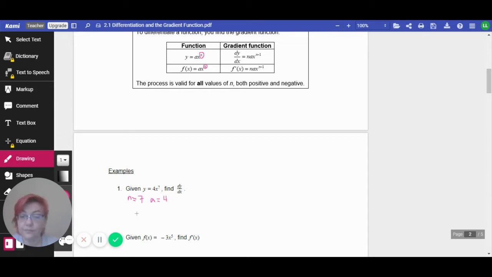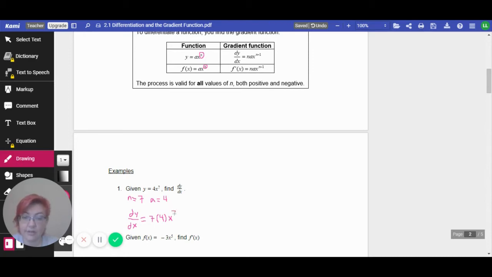So then my derivative, dy over dx, equals n comes first, 7, times a, 4, x to the n minus 1.